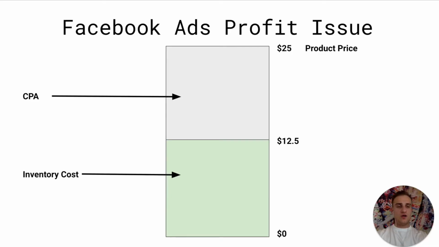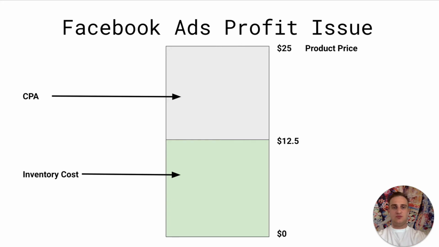First of all, before we move forward, I just want to explain what the Facebook ads profit issue is. This issue is usually pretty simple, and it's more about fast-moving consumer goods, which are much cheaper than expensive luxury products. Let's say our product price is $25, and from this $25 we have a 50% margin.